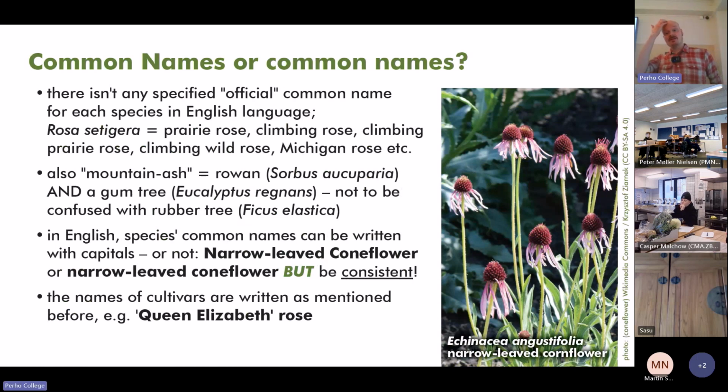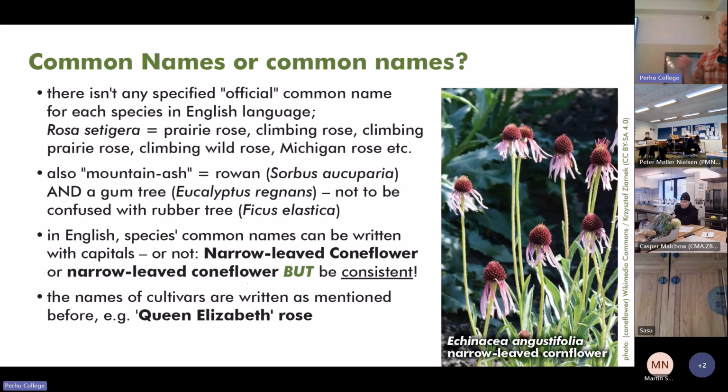In English, the species common names can be written with capitals. Like, for example, here is narrow-leaved coneflower. If there is a dash between the name, so it's kind of a compound word, the latter one is not written with a capital letter. Or you can just write them all with non-capitals, but you have to be consistent.